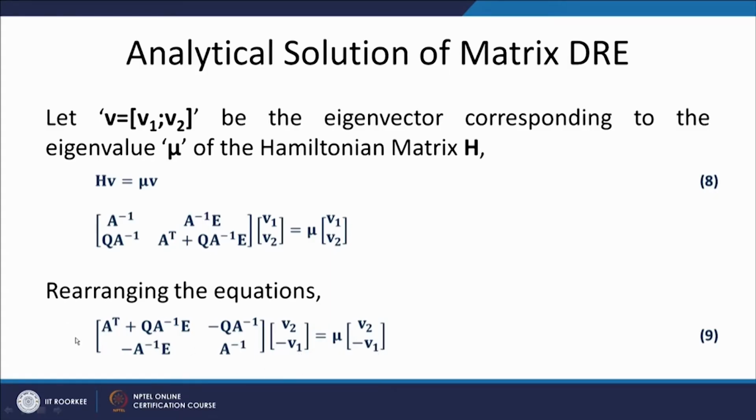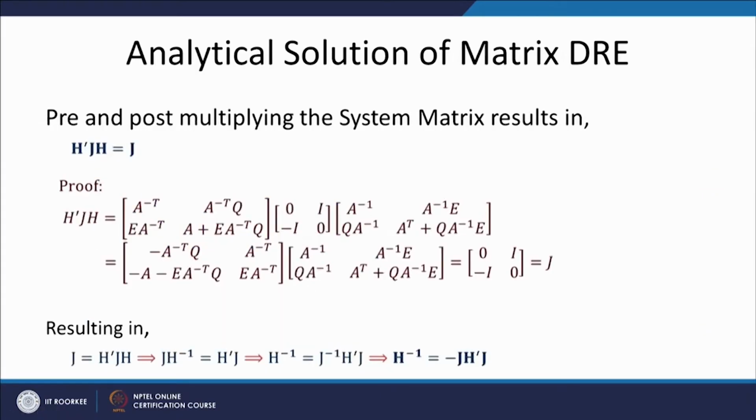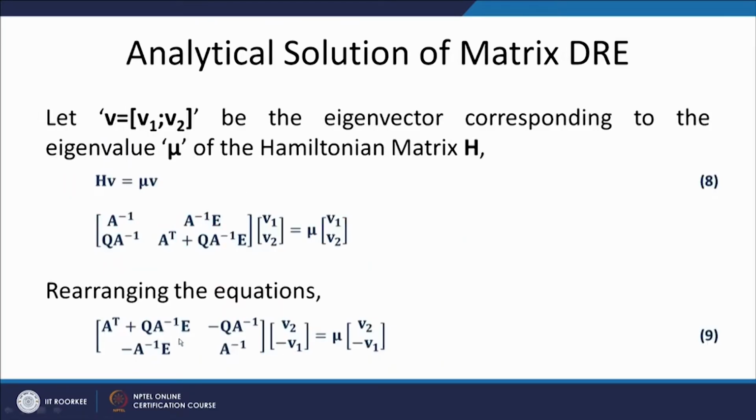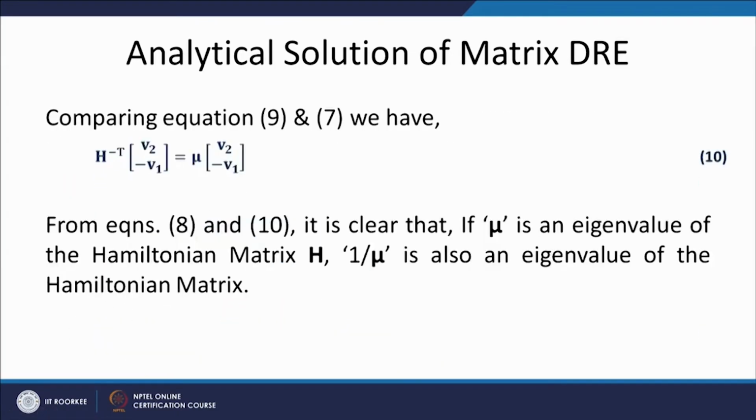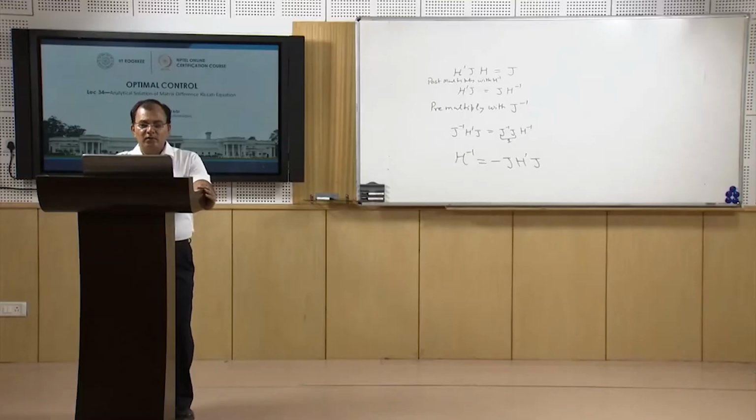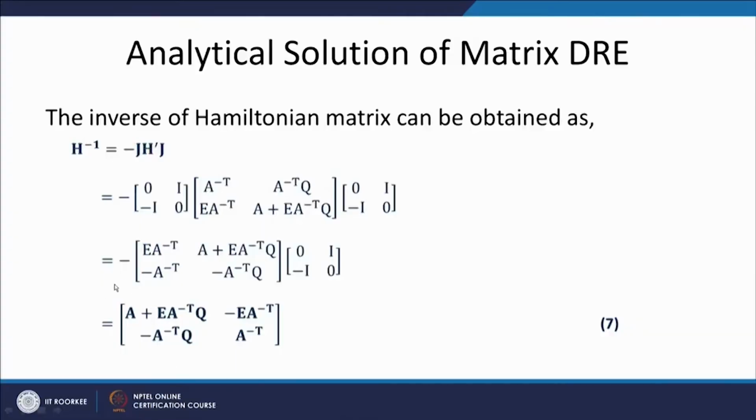Now, what is this matrix? This matrix is the same as my H transpose matrix. So, this matrix is nothing but the inverse of my H transpose. So, this is my H inverse matrix.